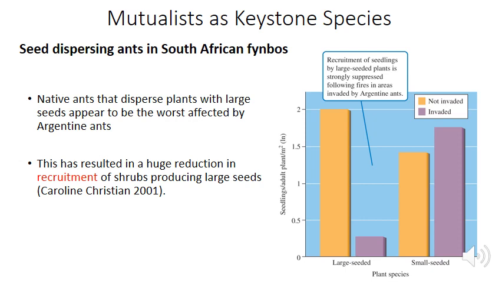The plants that produce smaller seeds probably have many ant species that still occur there, or they might have different dispersers. But this is a good example of how an organism with relatively low abundance, so these seed dispersing ants, can have such a huge impact on the makeup of their communities.